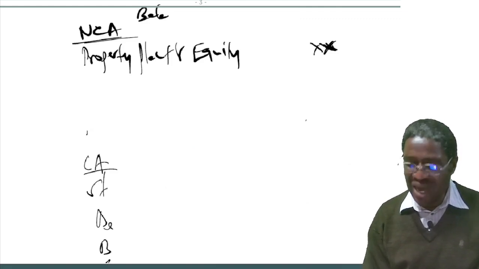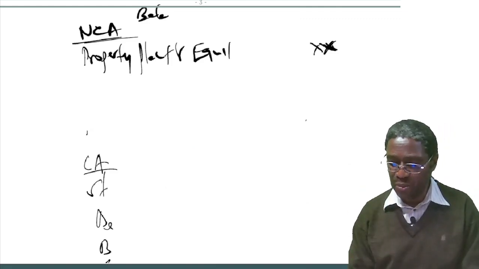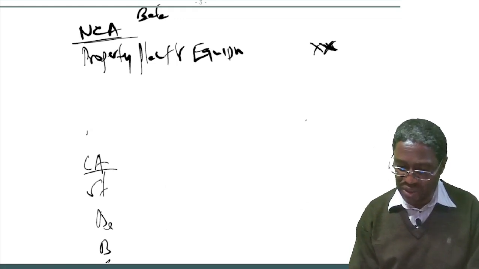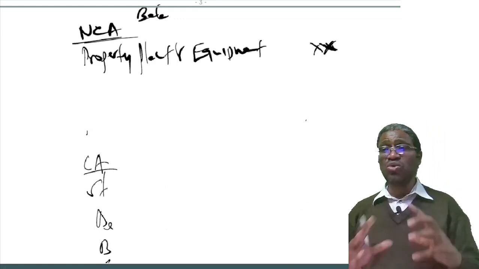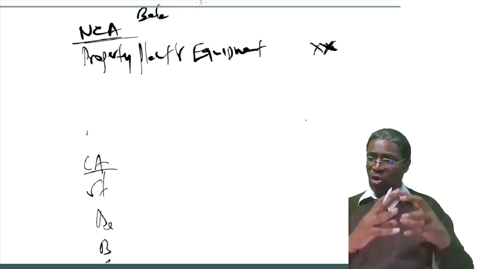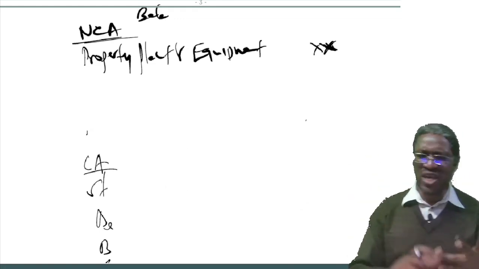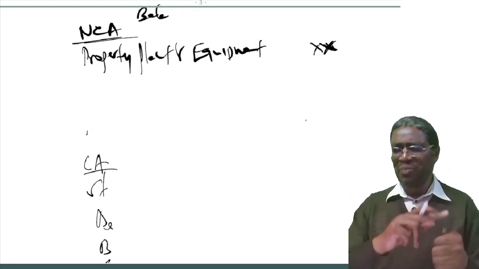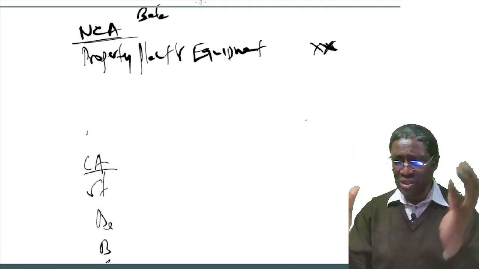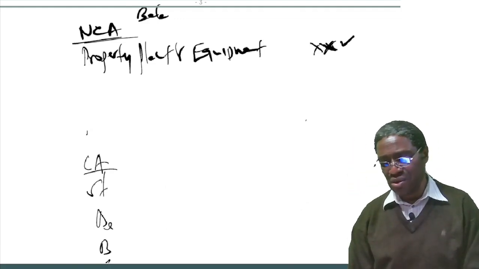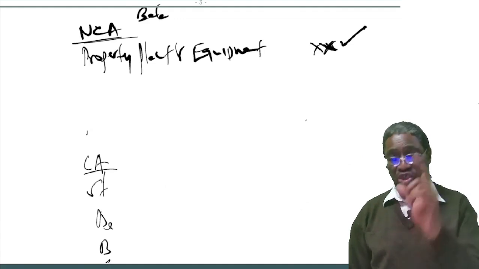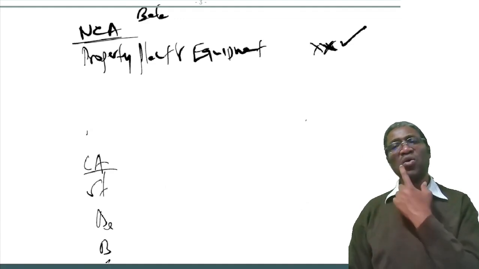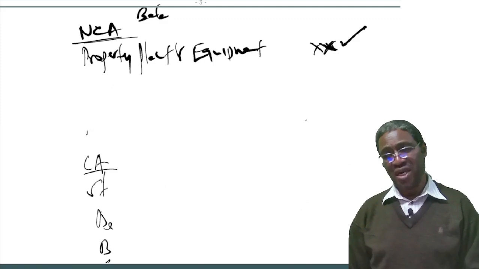You show them as a single amount. This is property, plant, and equipment. You do the calculation somewhere. Combine the value of the land, motor vehicle, furniture, building, plant, and machinery. Combine all of them somewhere. Bring them as a single amount in the balance sheet and show it under the name of property, plant, and equipment.